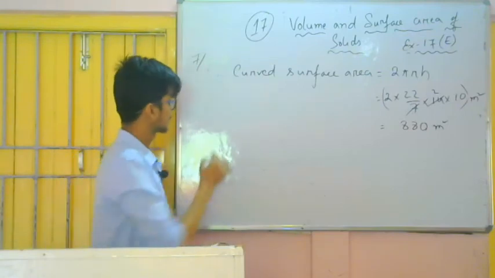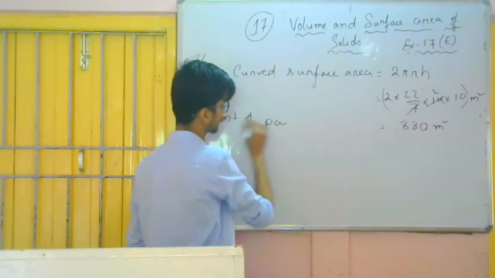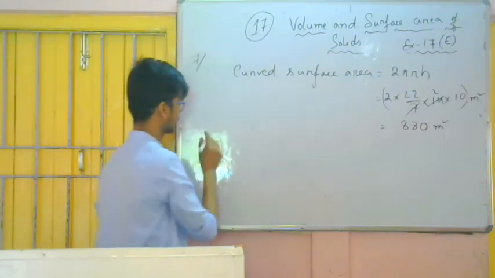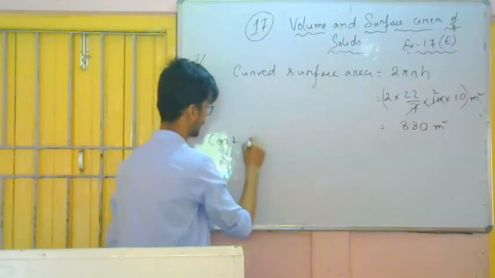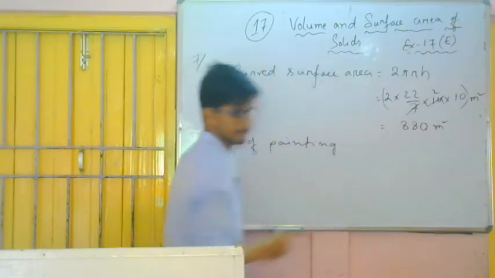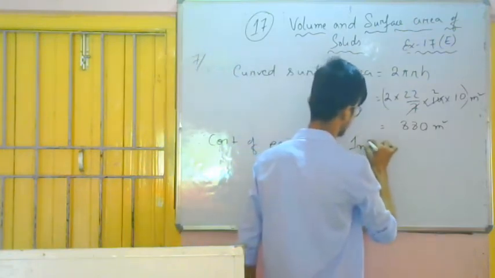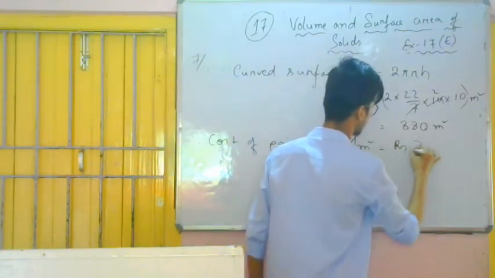So you write, since cost of painting 1 meter square, it is given, is rupees 3.